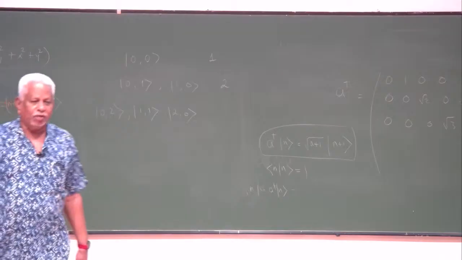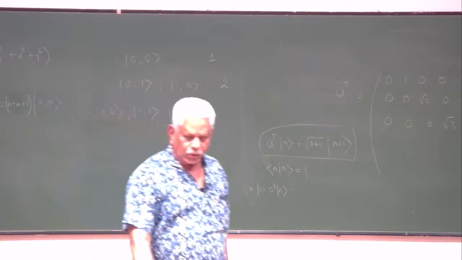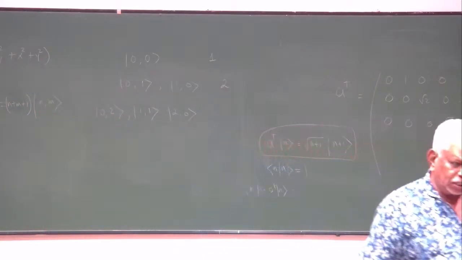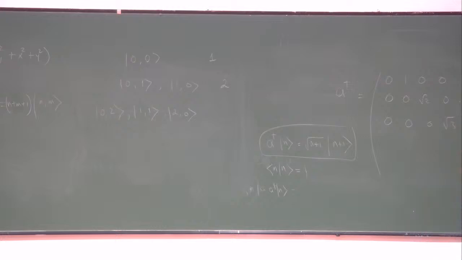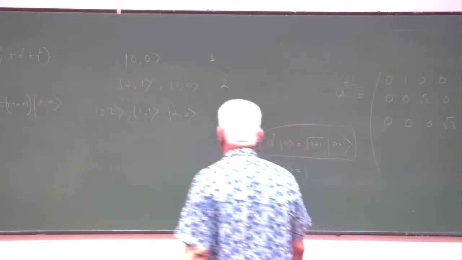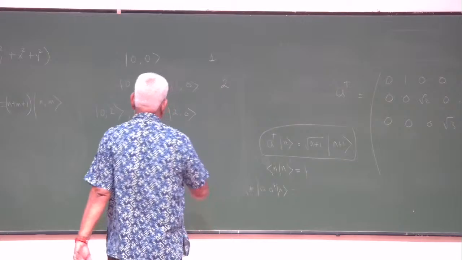You can have n is equal to 2, m is equal to 0. You can have n is equal to 1, m is equal to 1, and n is equal to 0, m is equal to 2. The total is how much? 3.